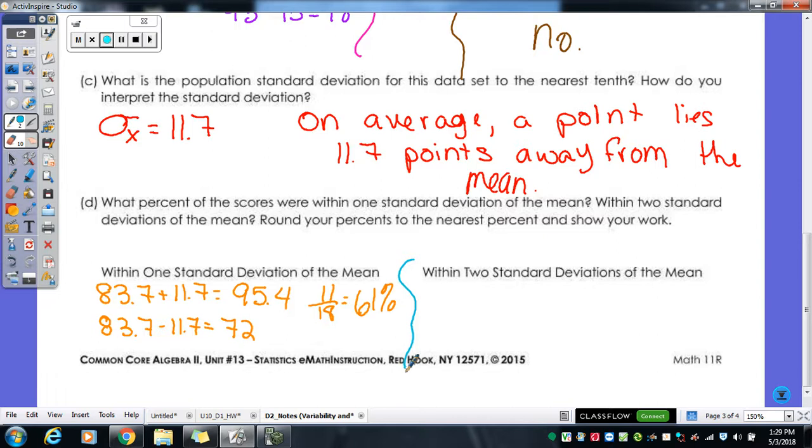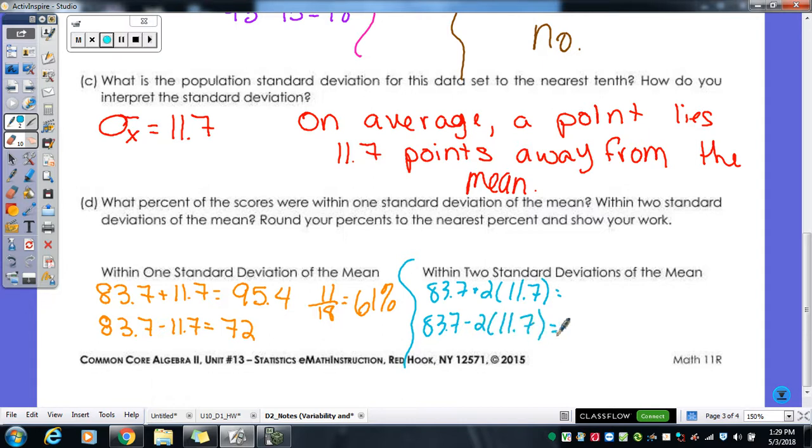So now we want to do within two standard deviations of the mean. So again, take my mean. We could be up to, so I would do that plus 2 times my standard deviation, or we could be down to.